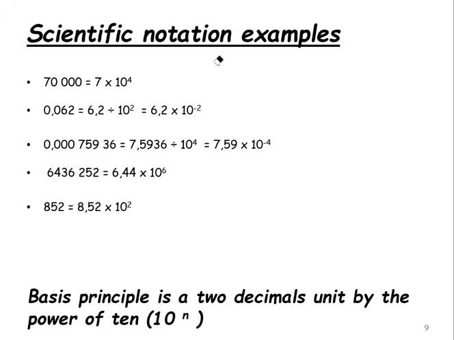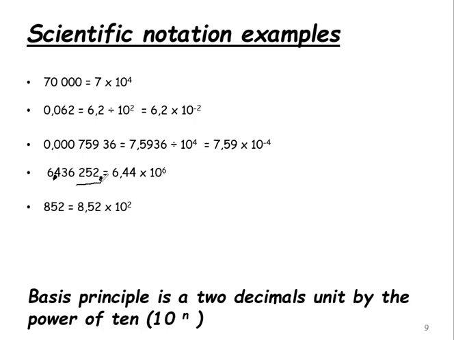I've shifted 6 times, so in that case the decimal is now here. If I count the numbers between the decimal before shifting and the decimal after shifting, the numbers in between are 6.